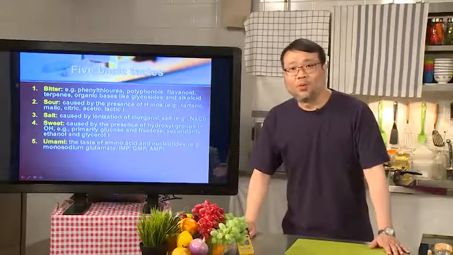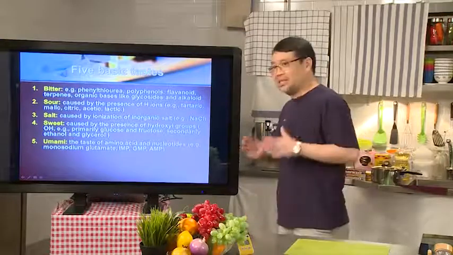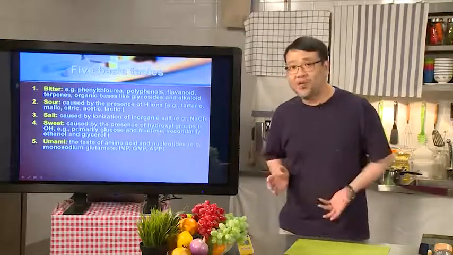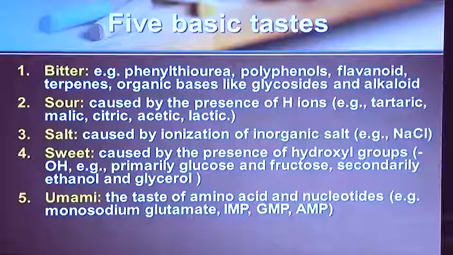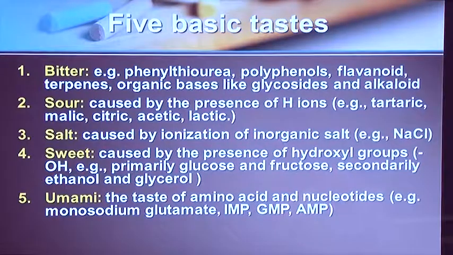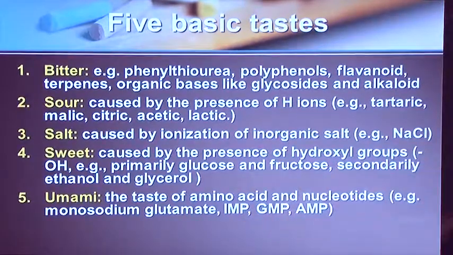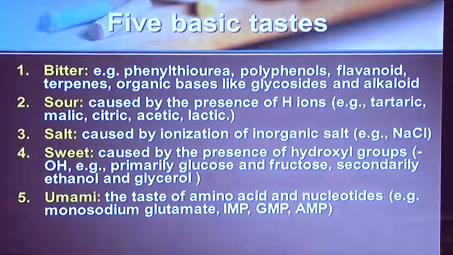Now, the final one is umami. I said that it's a taste of amino acid. What exactly is it? Amino acid and the nucleotides, both of them can give you the sense of umami. That is largely because of this glutamate structure.